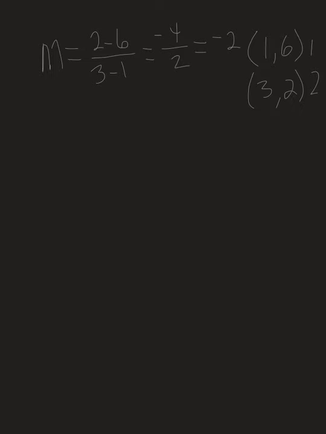Then we just need one of the points. So I'm going to take 1, 6 as my point. You could have picked 3, 2, and I'm going to give you both answers depending on which one you picked. So my y and my x.